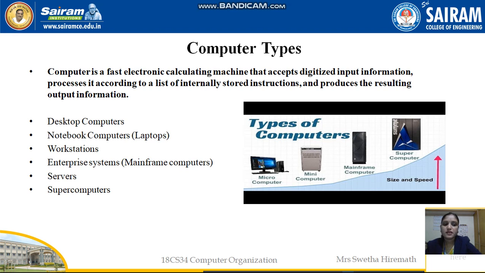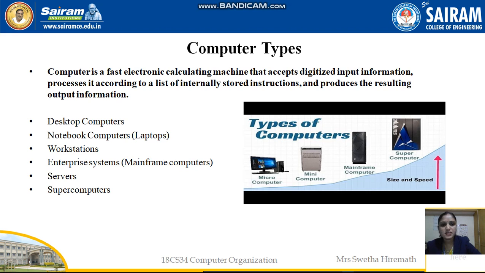So once we are familiar with what actually is a computer, then we have different types of computers. We are going to divide them into different types based on the speed of a computer, and based on the storage part, like what is the size of RAM, what is the size of ROM, main memory, and other memories.